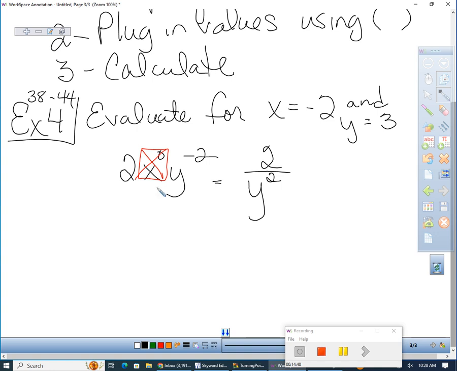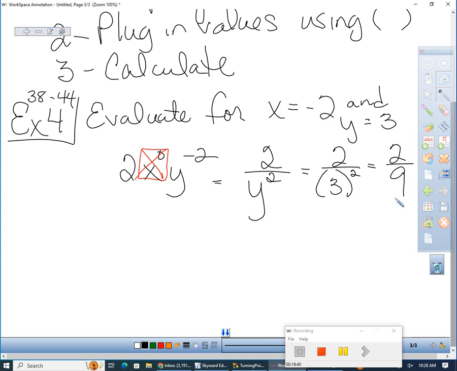There is no x anymore, right? After we simplified it, we got rid of that one. So all we have is 2 over 3 squared. So now we calculate it. 2 over, what's 3 squared? 9. Perfect. That wasn't too difficult. No. But again, it's a lot easier if you simplify it first.